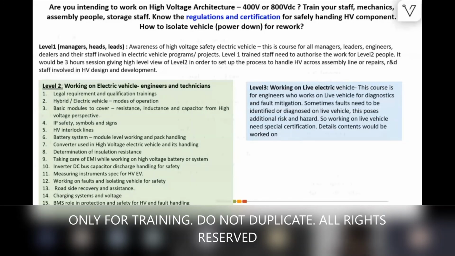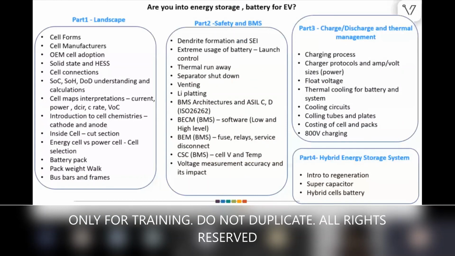If you are planning to work deep on energy storage, not just lithium ion but supercapacitors or hybrid energy storage systems, HESS, or if you are going for ASIL certifications, then we can help you understand this better, along with each of these parameters from the battery. There are 4 modules. You can either pick them individually, or we can cover this in an entire session.